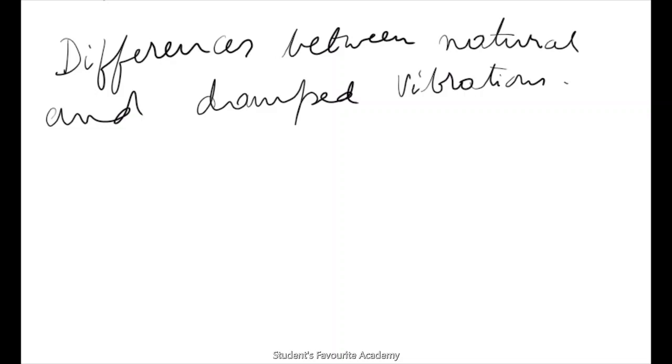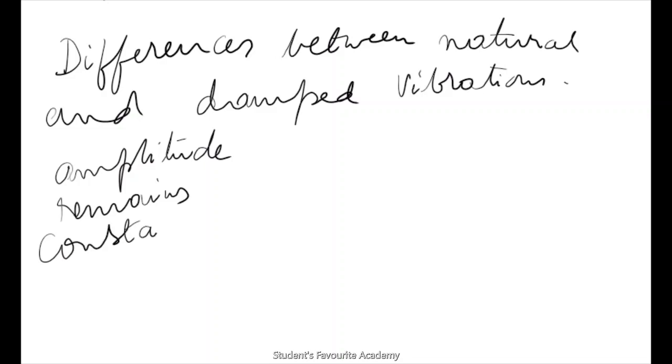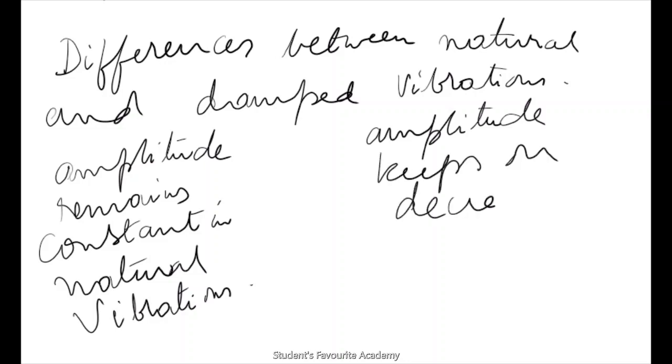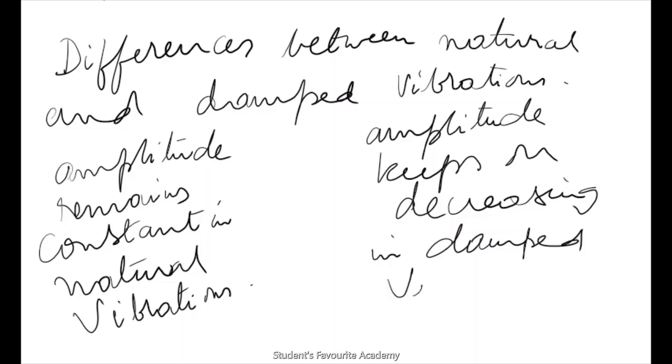In natural vibration, as I told you, the amplitude remains constant, whereas in damped vibration, the amplitude of the vibrations keeps decreasing. That is the first point of difference.